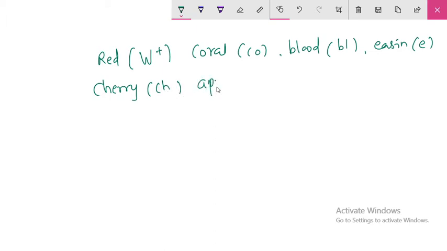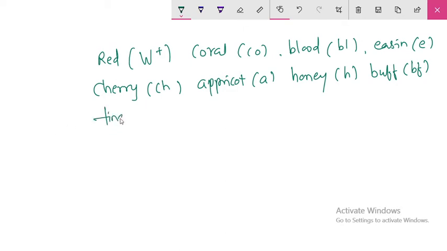Then apricot, denoted by A. Then honey, denoted by H. Then buff, denoted by BF. Then peach, denoted by P. Then pearl, that is P, and ivory, that is I. And the last one, that is the white.